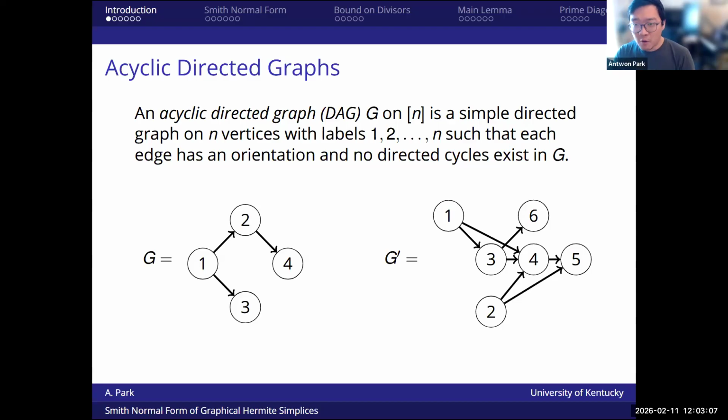One thing you can do to help ensure that you always have this orientation is order the vertices such that they always point to a larger vertex. So here, both G and G prime have this property where every edge starts at the lower vertex and points up to a higher one.